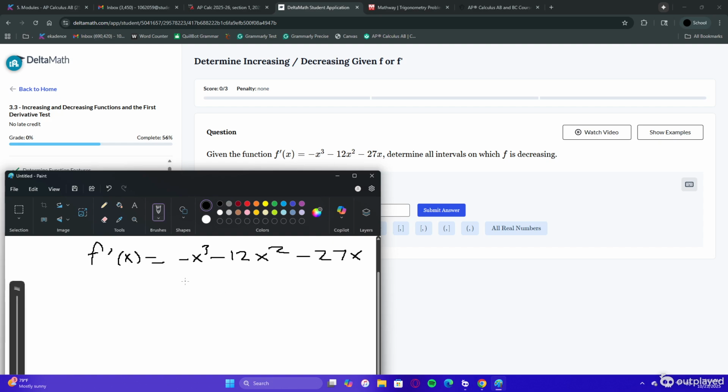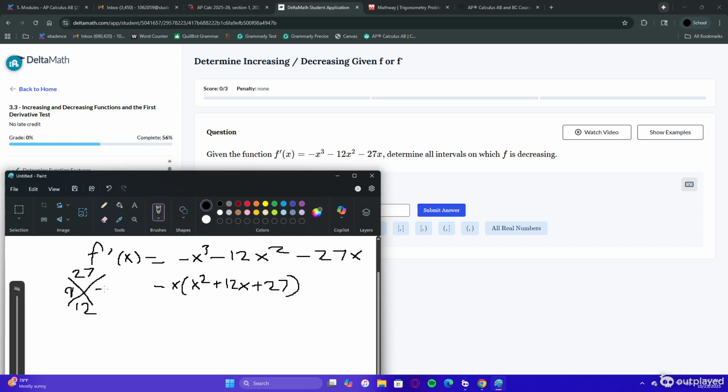So to just solve for 0, we can just take out a negative x, and then you're left with x squared plus 12x plus 27. And solving for 0, you'd get 9 and 3.